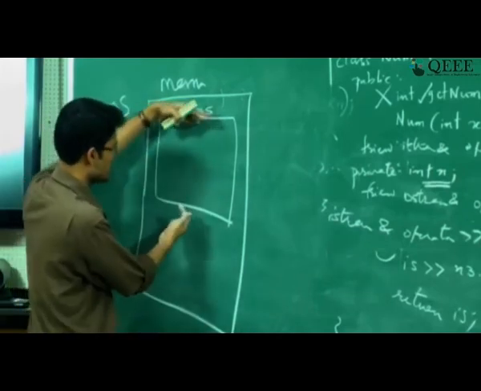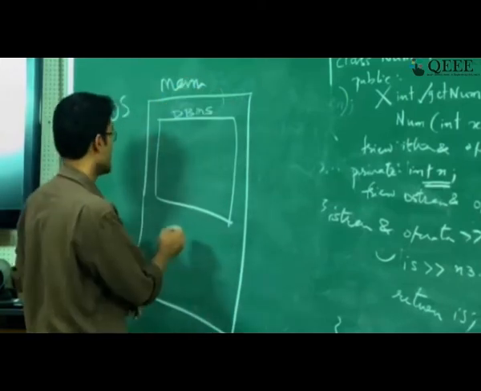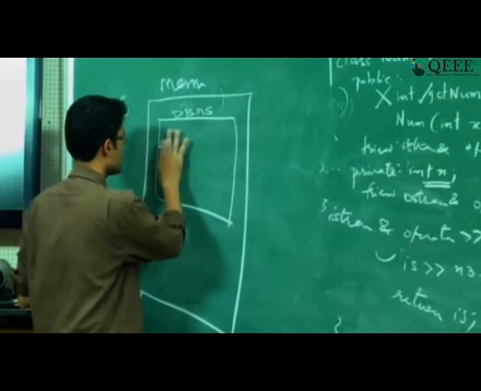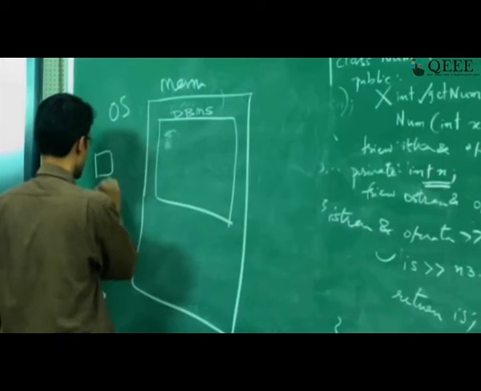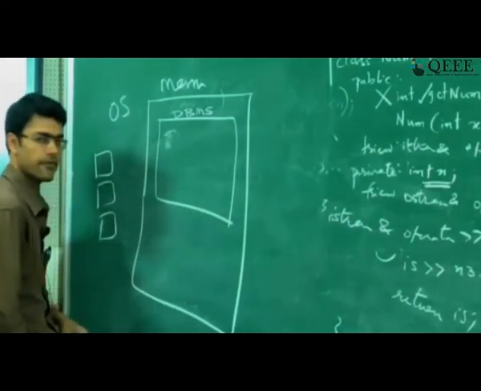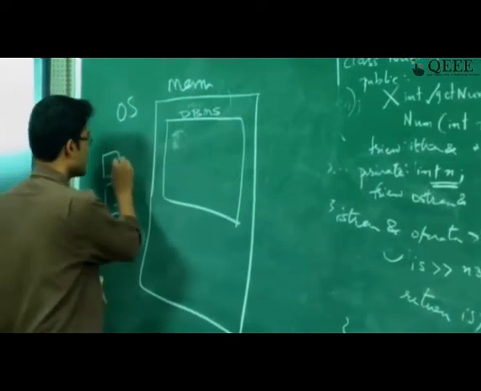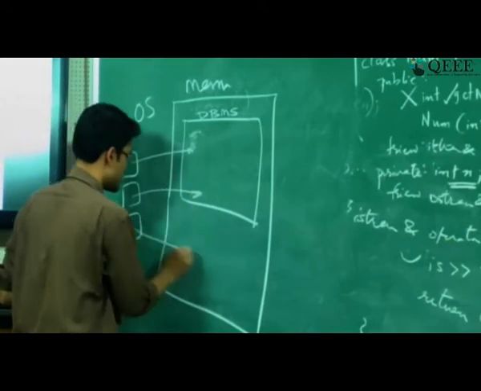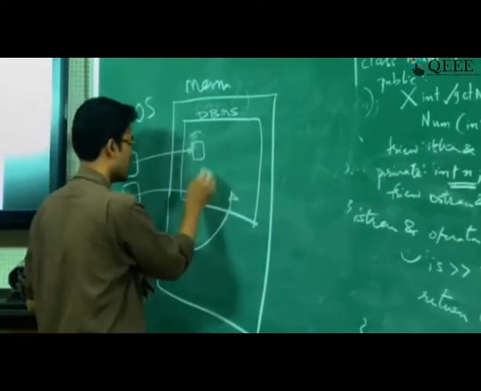Let's say that this is one area which is obtained by the DBMS. And then there are different parts of this DBMS application. Since we are talking about memory, let me put the applications differently. Let's say that there are these different parts of the application which require certain memory. So it needs some memory, this needs some memory, and so on.